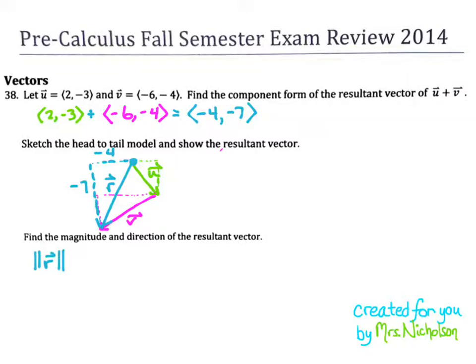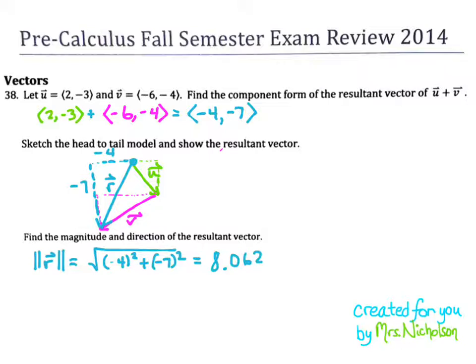And so the magnitude of r is equal to the square root of -4 squared plus -7 squared. And this is equal to 8.062. So that gives me the magnitude of the resultant vector.